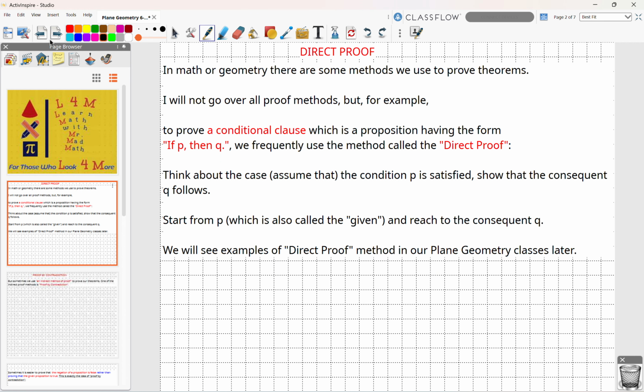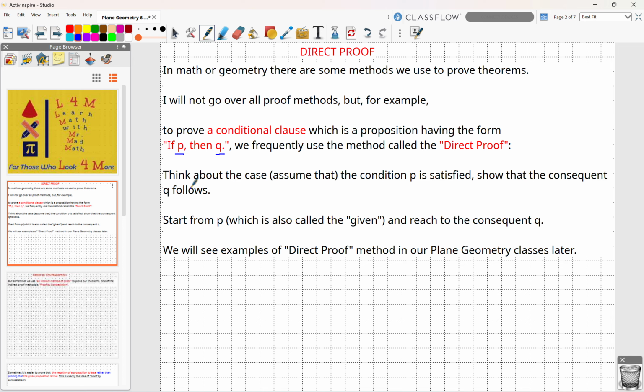Before proof by contradiction, I want to quickly go over direct proof. In math or geometry, there are some methods we use to prove theorems. I will not go over all proof methods, but for example, to prove a conditional clause, which is a proposition having the form if P then Q, we frequently use the method called direct proof.